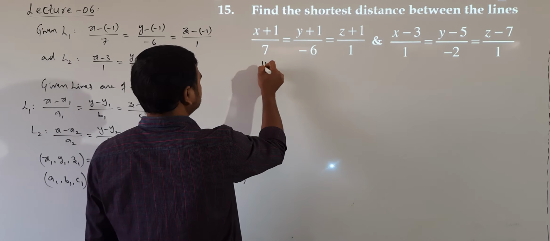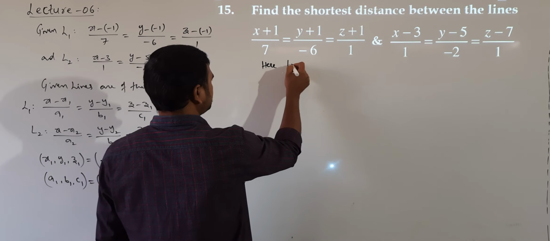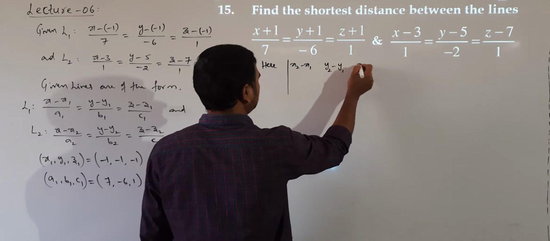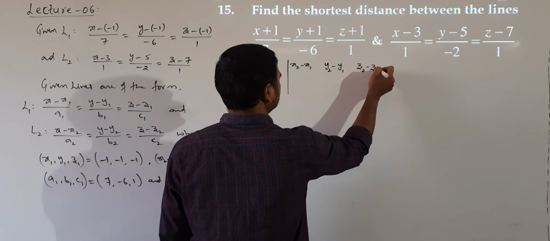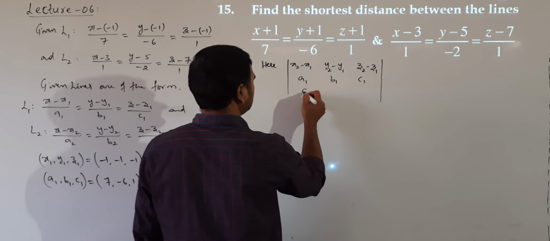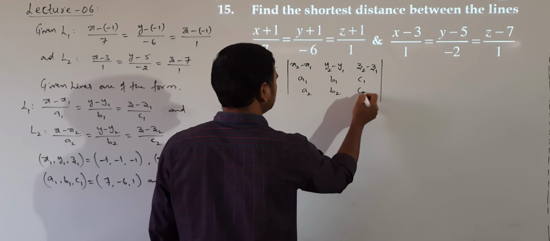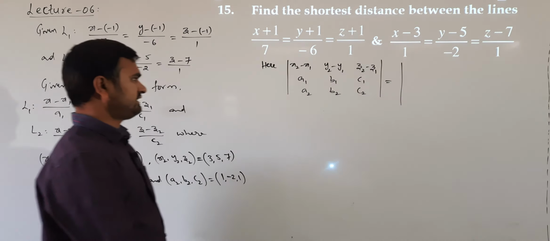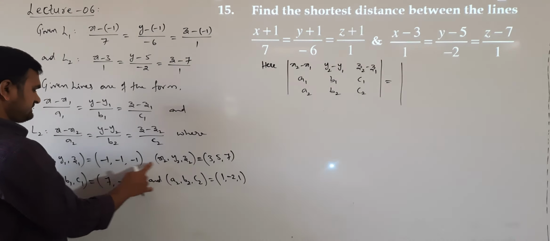So here, what is determinant of x2 minus x1, y2 minus y1, z2 minus z1, a1, b1, c1 and a2, b2, c2 value is equal to determinant of x2 minus x1.